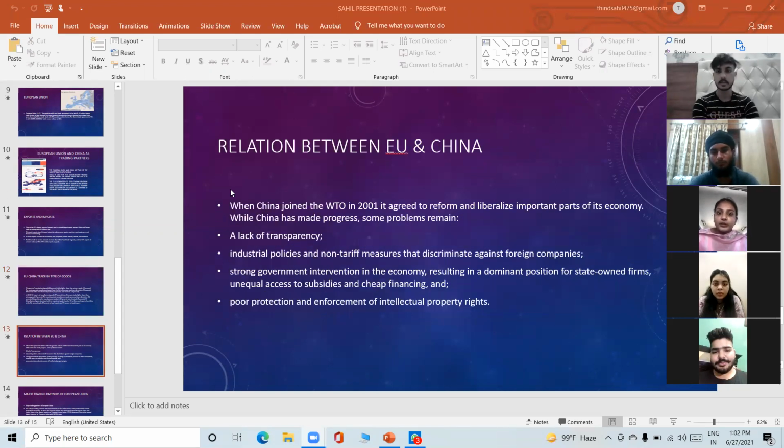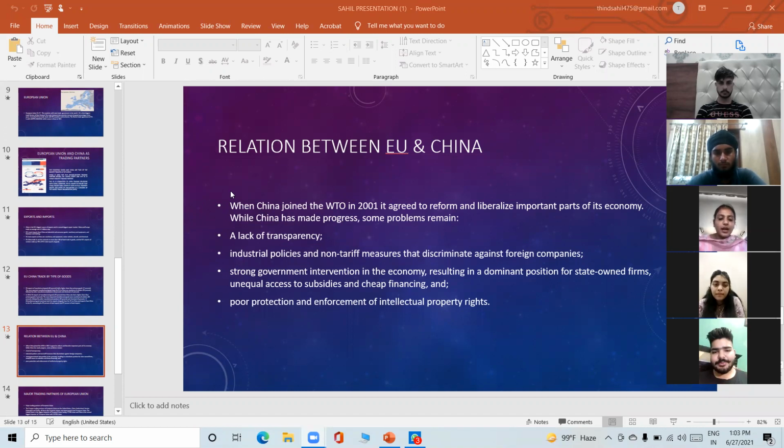Next slide, please. Okay, relation between the European Union and China. When China joined the WTO in 2001, it agreed to reform and liberalize important parts of its economy. And while China has made progress, some problems remain.